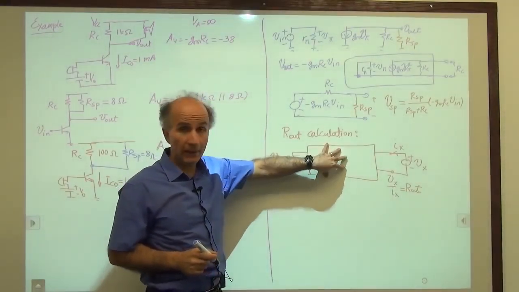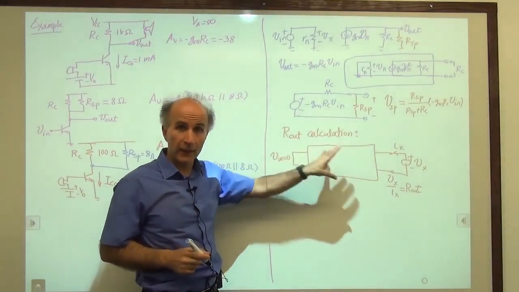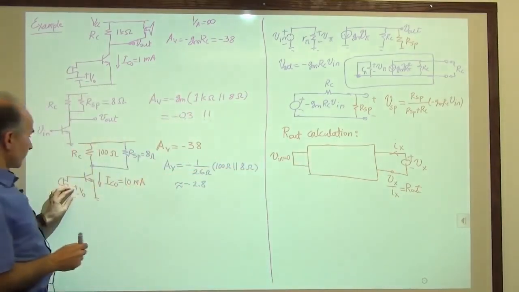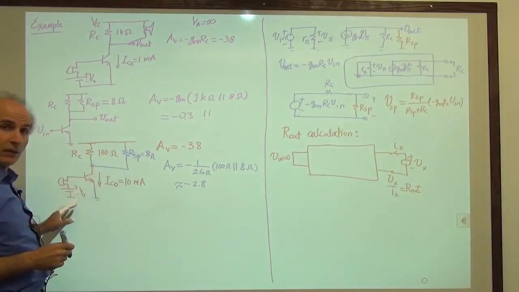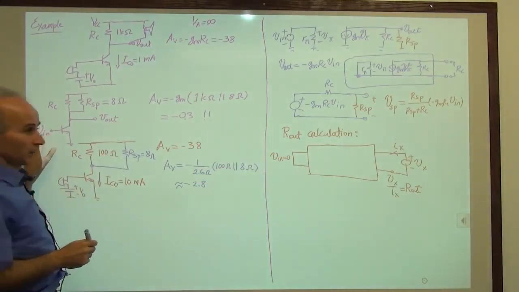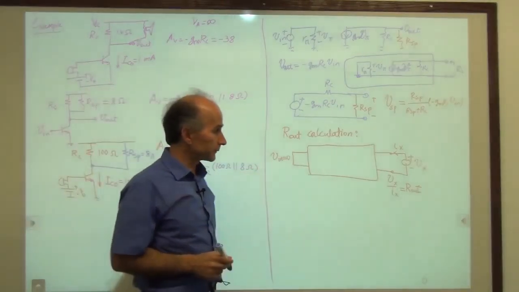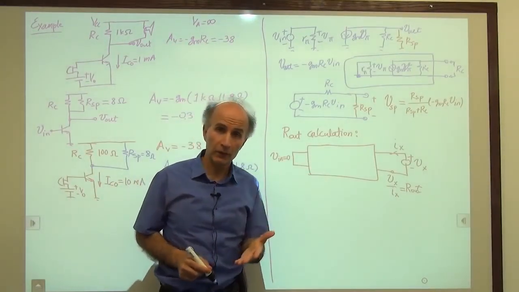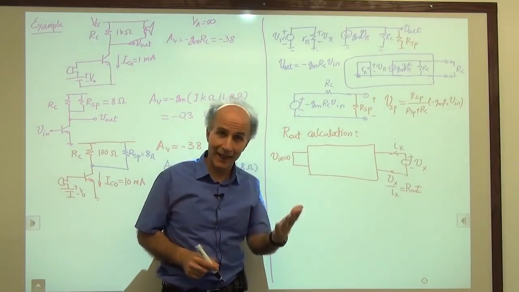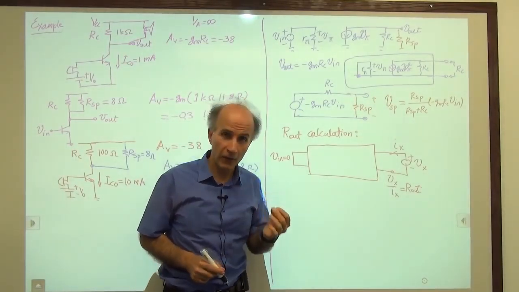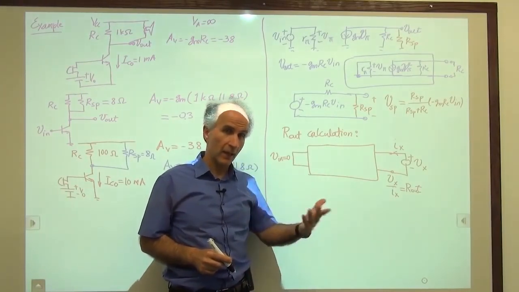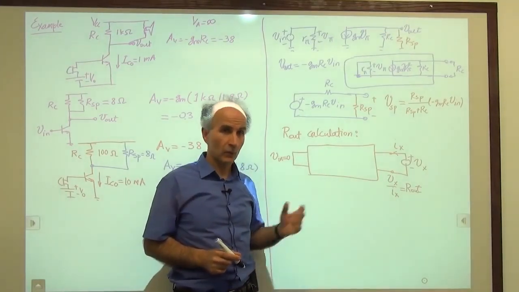So all independent sources, inside, outside, everywhere have to be set to 0, including batteries here, including the input, because the input is independent, and so on. So our out calculation should be quite familiar to you because it's exactly the same as the Thevenin resistance or Thevenin impedance that we have calculated in basic circuit theory. So it's the same thing.